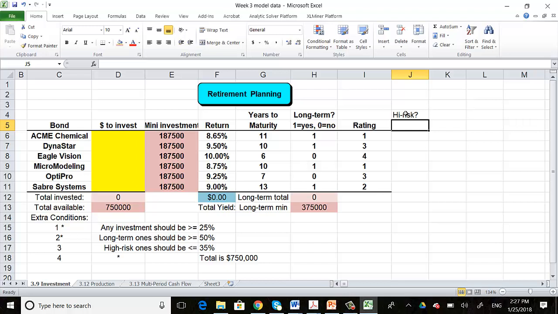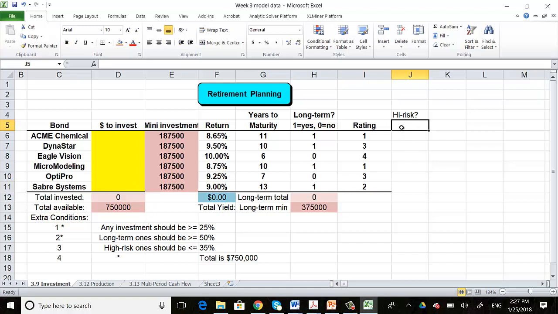So that's D, E, and O. So if the rating is higher than 2, then it's a high risk.